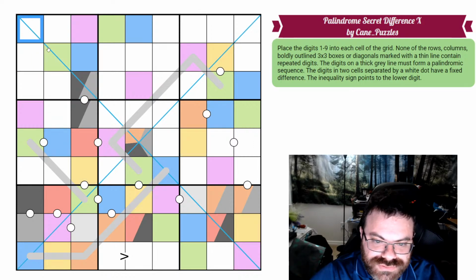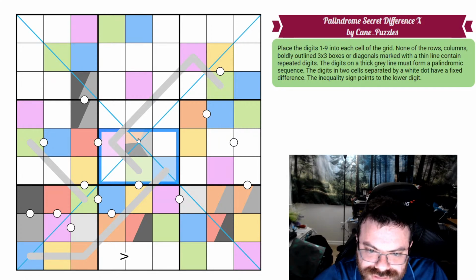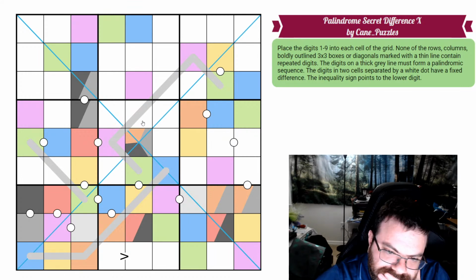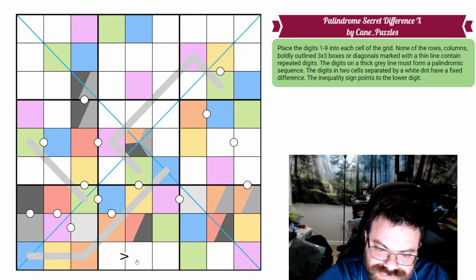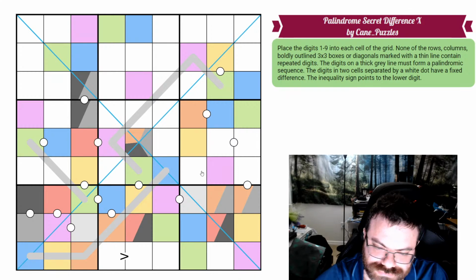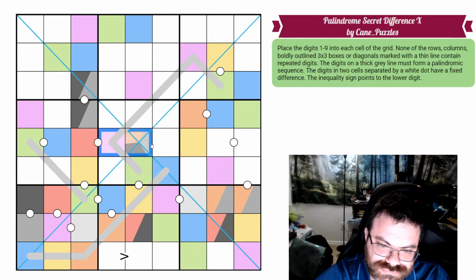Okay, so where does yellow go? Let's see, what's the question to ask? Maybe what this can be? Or do I have a weak row or column? Yellow in box 5.